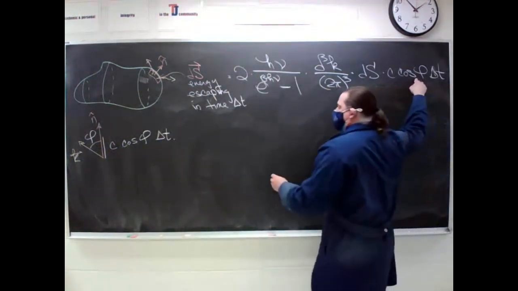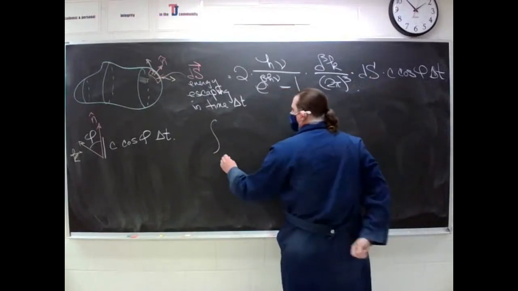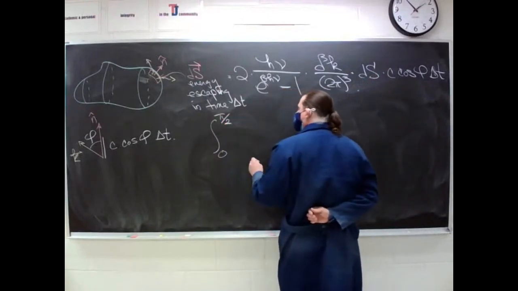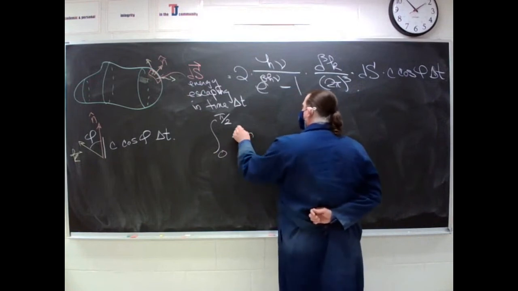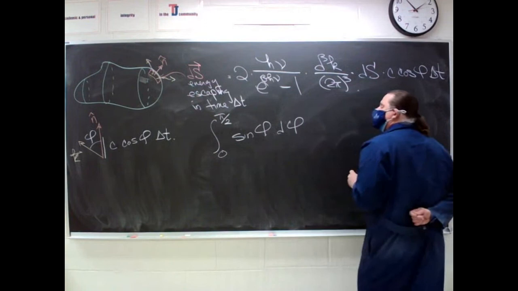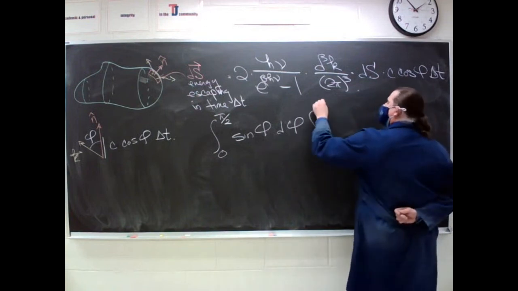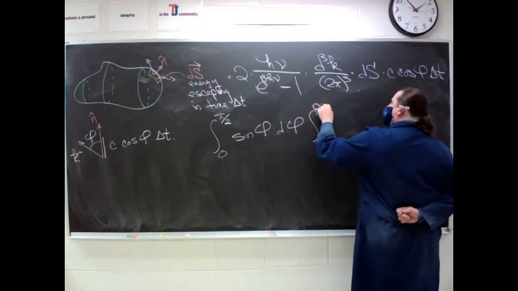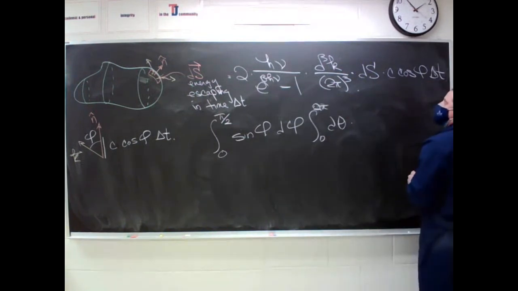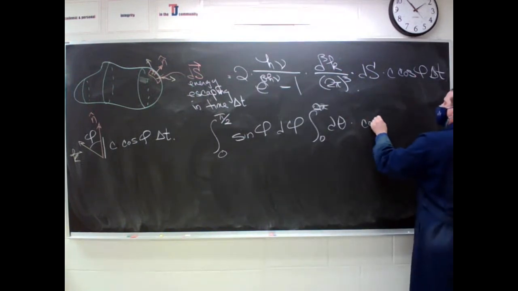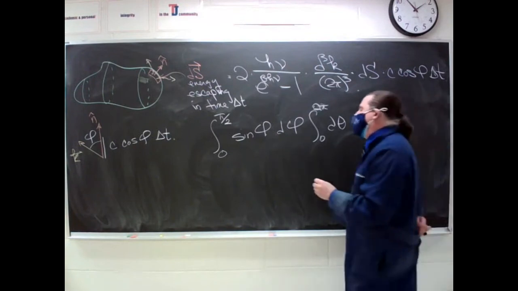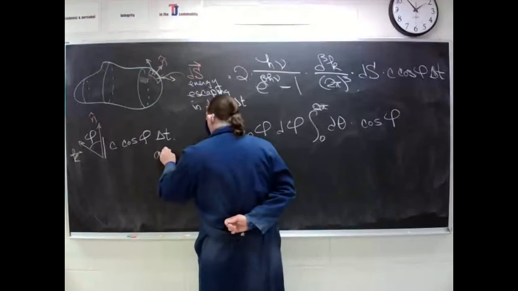This has to do with the angular integration. So I'll go 0 to pi over 2 sine phi d phi, 0 to 2 pi d theta, and then I'll have cosine phi. This is the angular integration.